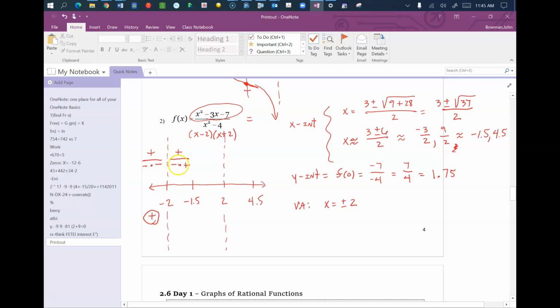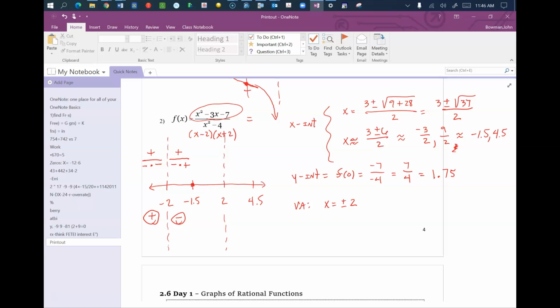So we're going to have a positive divided by a negative, and that's going to give us a negative. Now, again, we said that our graph will cross the x-axis here at roughly negative 1.5. So our vertical asymptote at positive 2, what we should see is on the left-hand side, y should go towards positive infinity, but let's verify that.